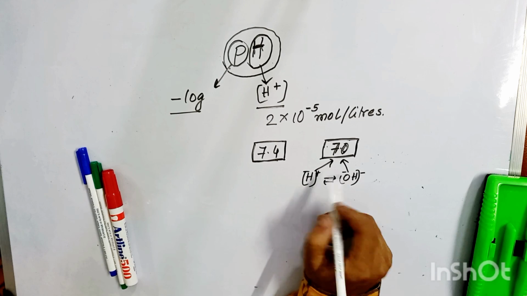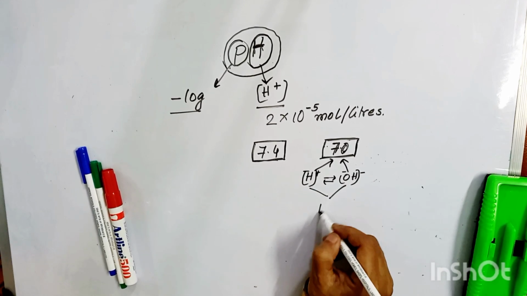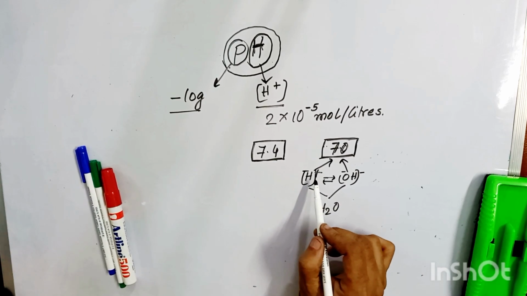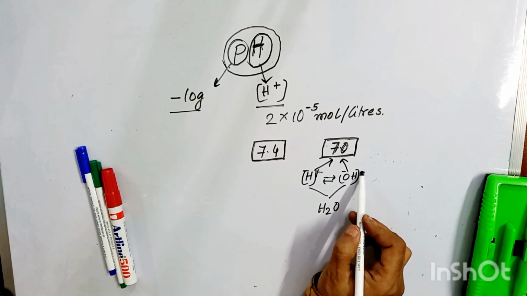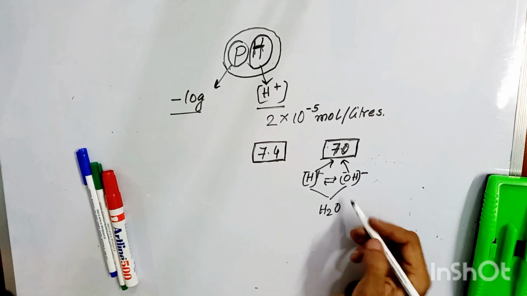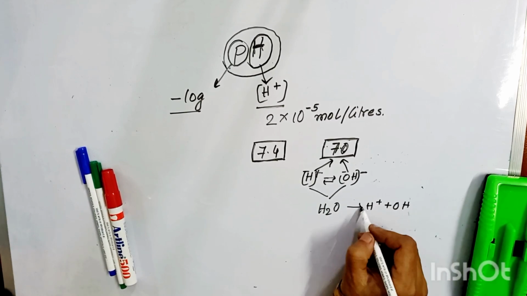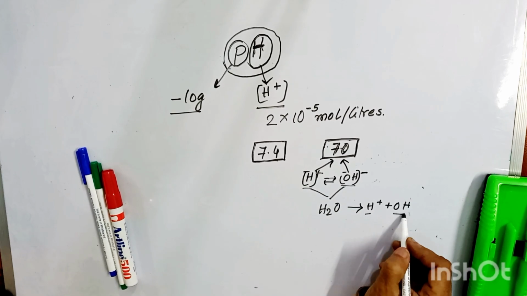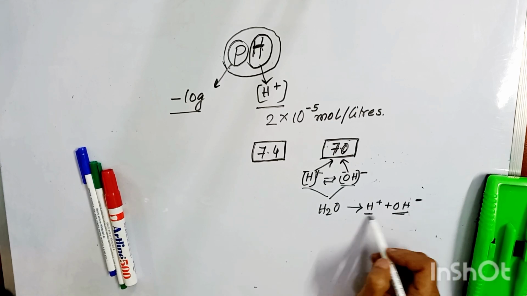These two ions counteract each other to form water. All the positive charges contributed by the hydrogen ions and all the negative charges contributed by the hydroxyl ions, when water ionizes into H plus and OH minus, counteract each other to make the whole thing neutral.